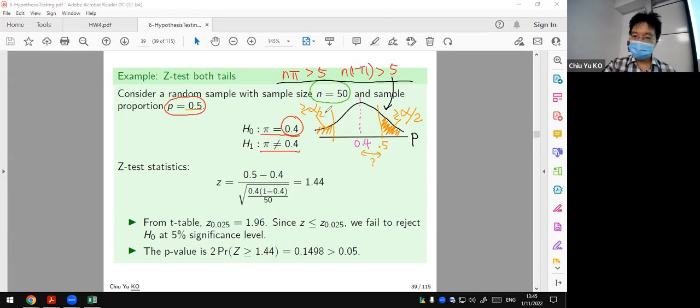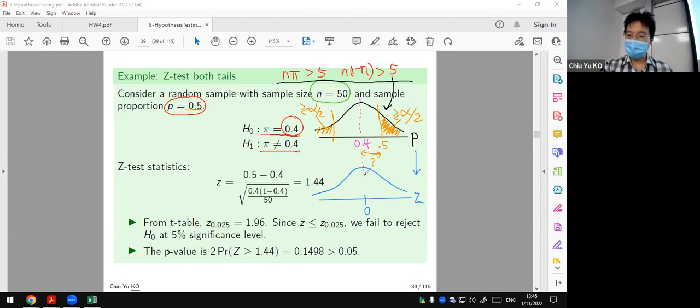So let's go for it and see. Okay. So remember, we transform this to the Z, to make everything nice, because this is normal already, right?